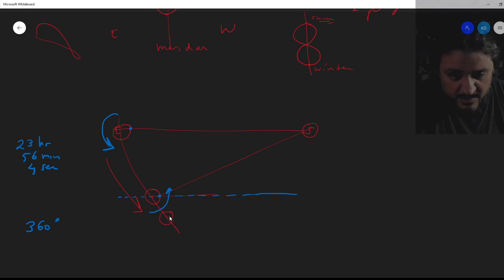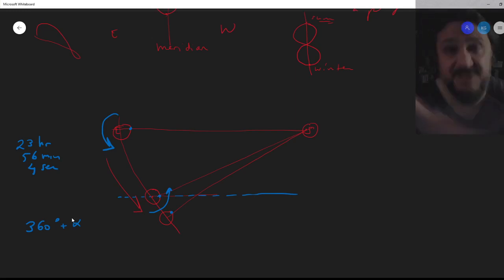And now, when the sun is right above you, and you're here, okay? So this takes an additional 4 minutes, but if you think about it, this point has moved. How much? By some angle, all right? So 360 degrees plus some angle.